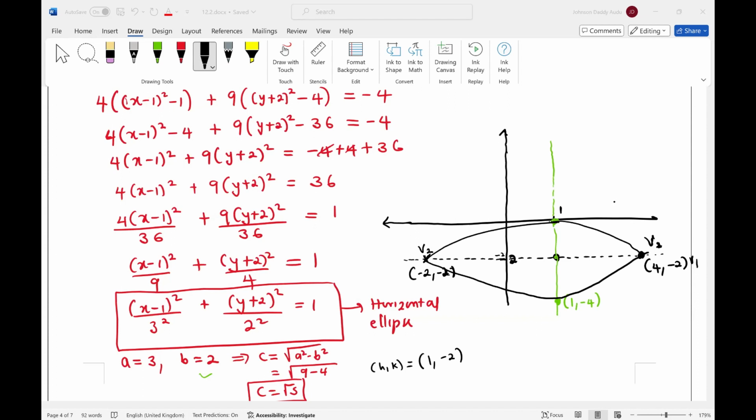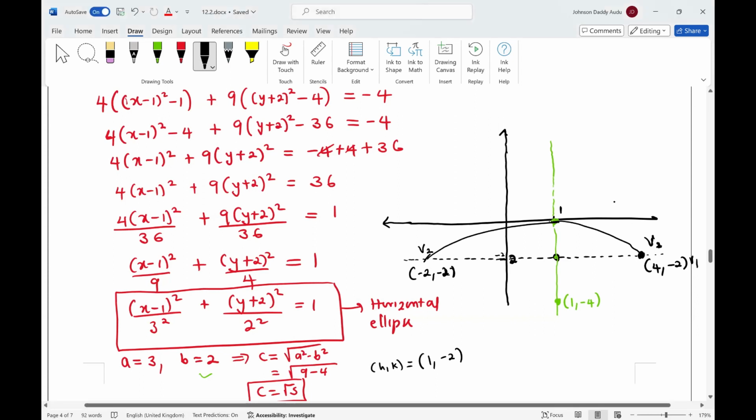The domain is the x-axis, which is from -2 to 2, while the range is the green, determined from -4 to this point here, which is 0.